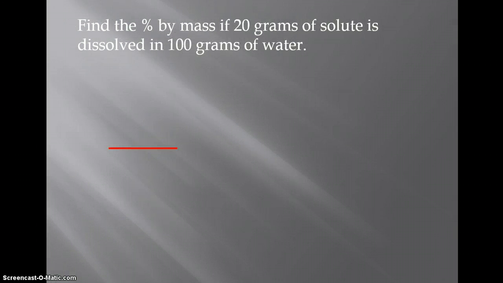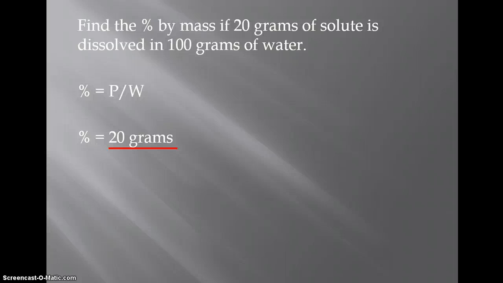Let's go ahead and do another one real quickly. Find the percent by mass if 20 grams of solute is dissolved in 100 grams of water. And again, we want to go part divided by whole. In this case, we have a little bit different situation. We have our 20 grams of solute. It tells us it's the solute, so we can put that up right away. But you notice it tells us we have 100 grams of water. Well, what's water? Water is my solvent. Well, what goes on the bottom? It's solution.